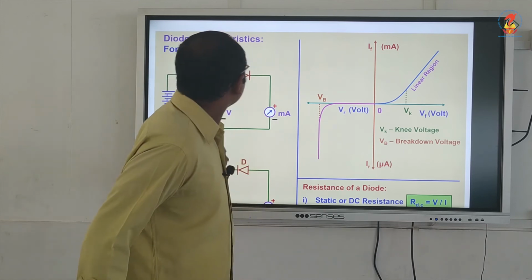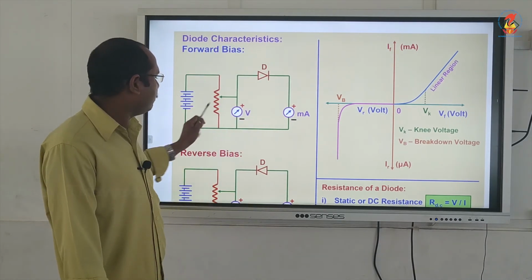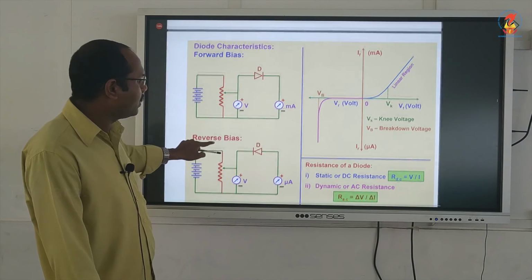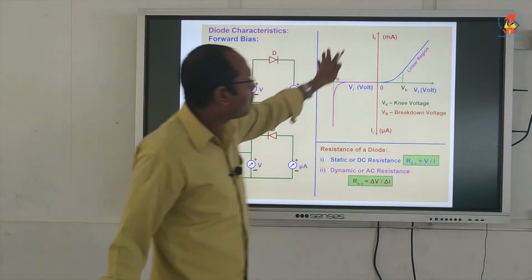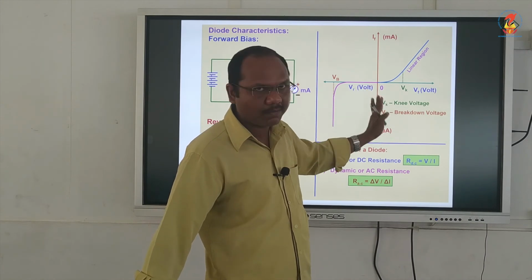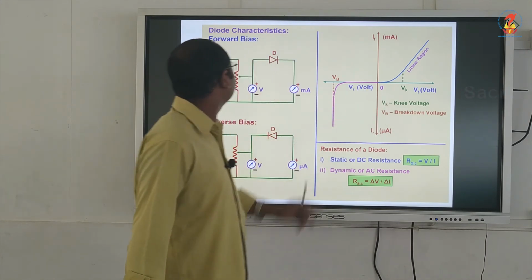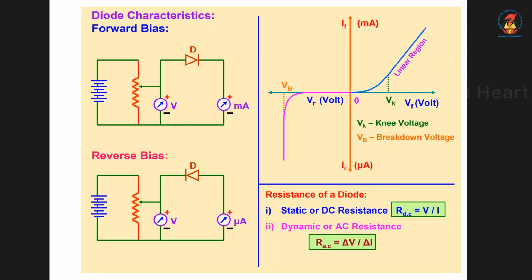Okay, so here I am just showing two graphs in one plot itself. The first one is when the diode is forward bias, and the second one is when the diode is reverse bias.